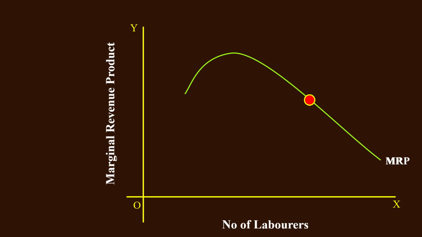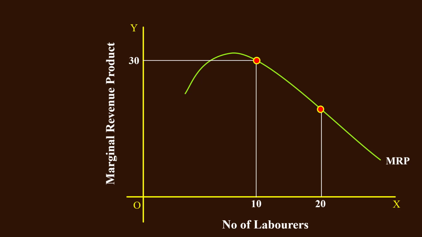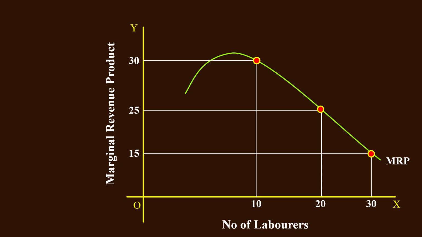The following numerical example will help you to understand this. When an employer employs 10 laborers, the marginal revenue product is 30 units. With 20 laborers, the marginal revenue product falls to 25 units. Again, with 30 laborers, it falls to 15 units.